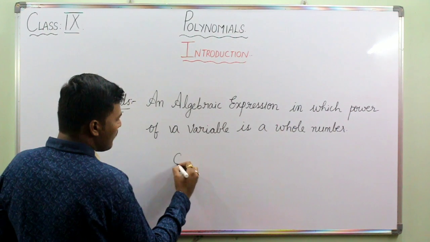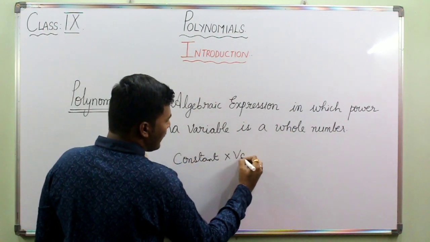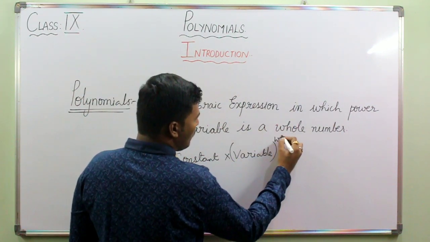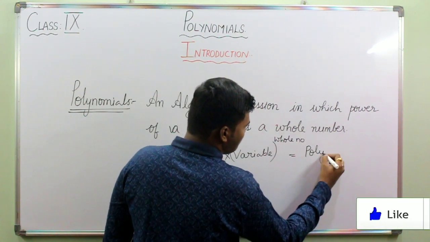That means a constant into a variable to the power of a whole number will give you what? A polynomial.